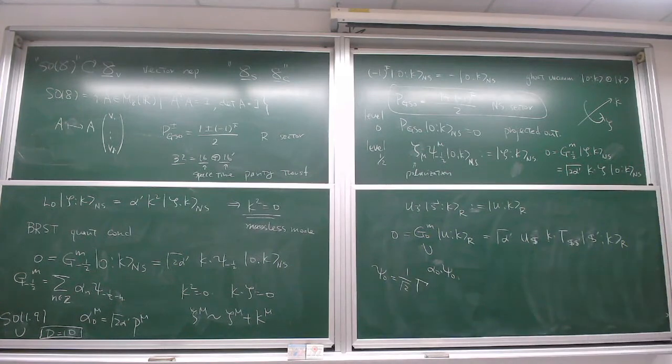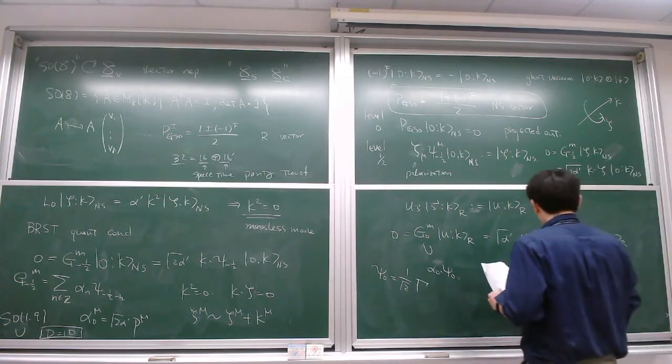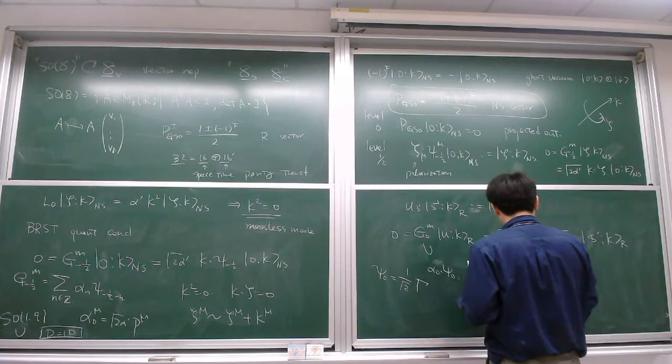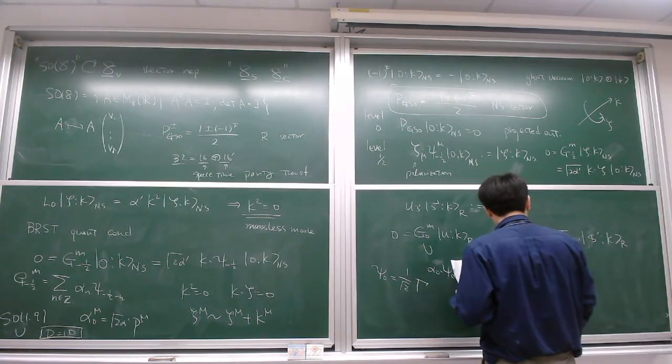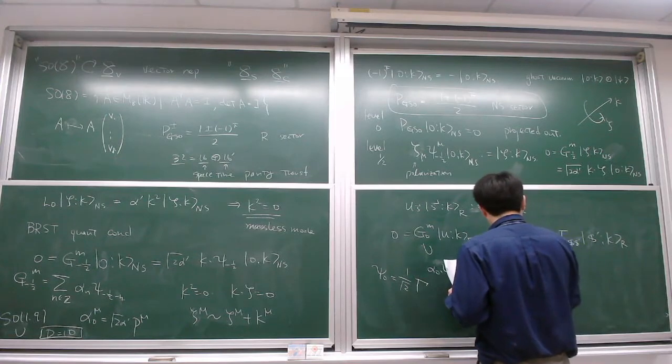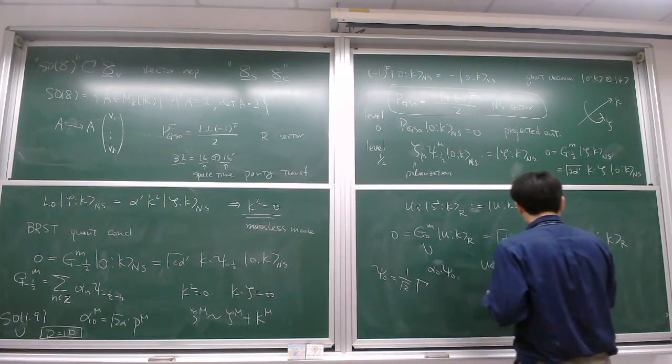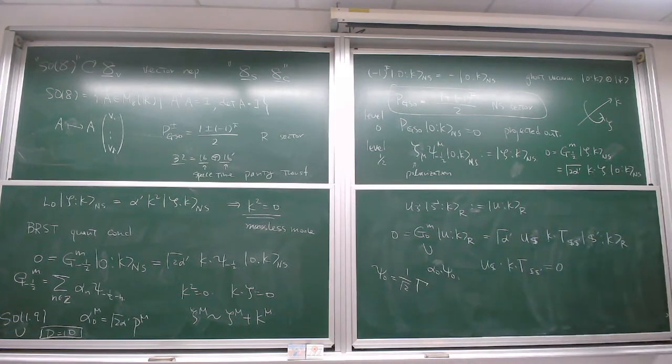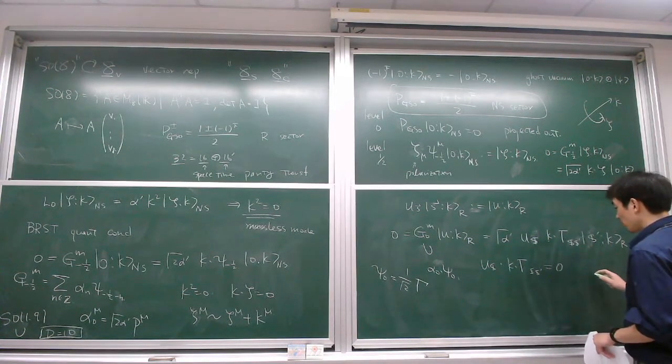And then G0 equals 0 from BRST quantization tells us that k dot gamma acting on u has to be 0. And this is indeed the Dirac equation. It's the momentum mode of the Dirac equation.